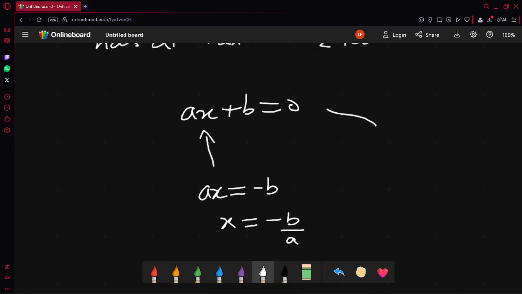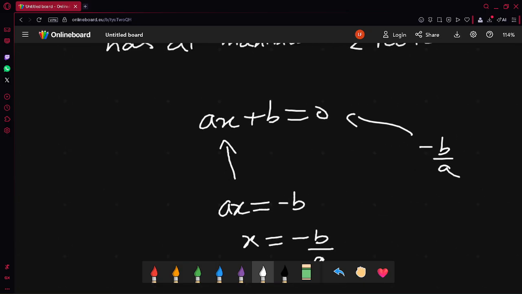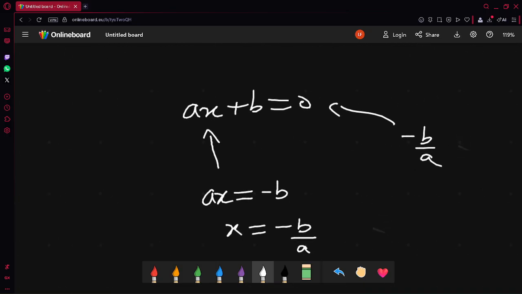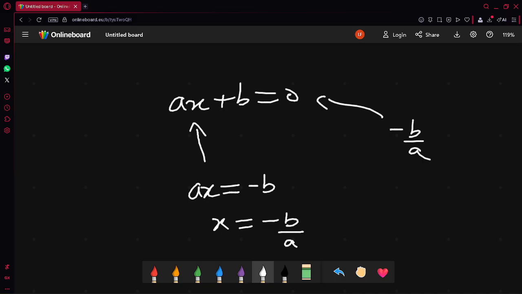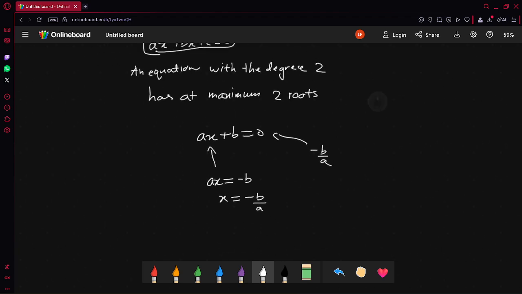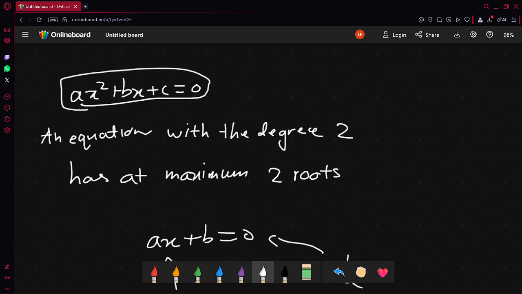So the root of this equation is negative b over a, and we only got one root. The reason is that the degree of this polynomial is 1 and not 2. If the degree is 2, you get 2 roots, and if the degree is 3, you get 3 roots, and so on.